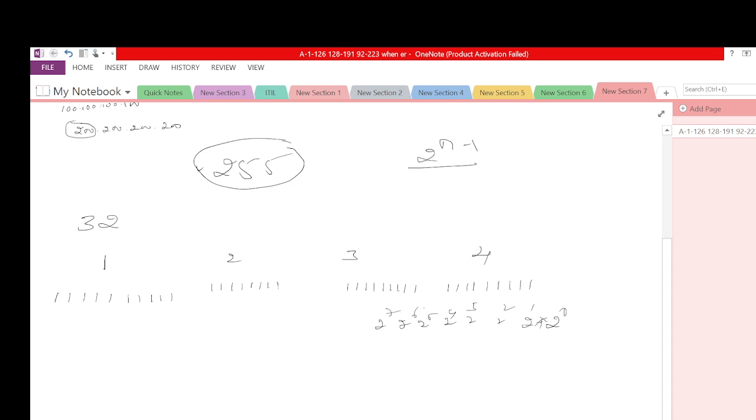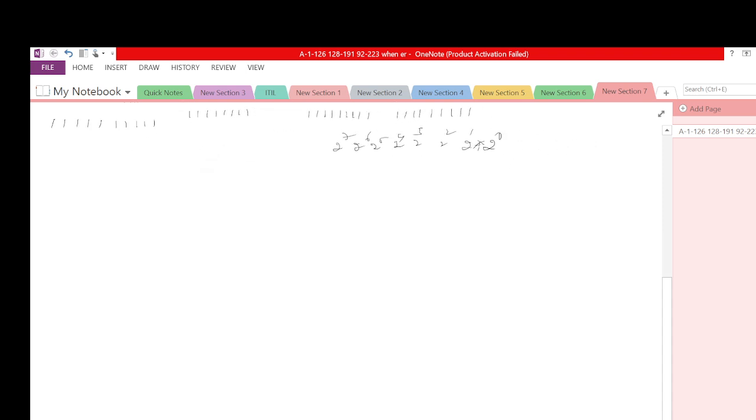So let me take 1 octet so that it will be easy. 1, 2, 3, 4, 5, 6, 7, 8. So this is 2 to the power of 0, 2 to the power of 1, 2 to the power of 2, 2 to the power of 3, 2 to the power of 4, 2 to the power of 5, 2 to the power of 6, 2 to the power of 7.